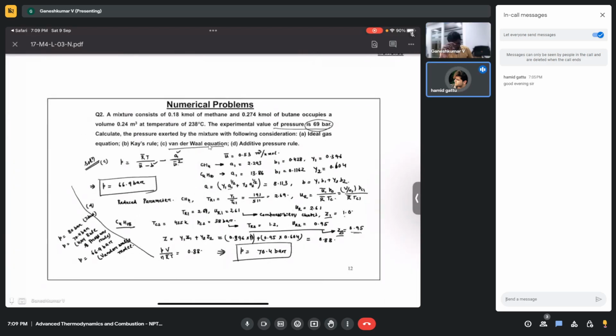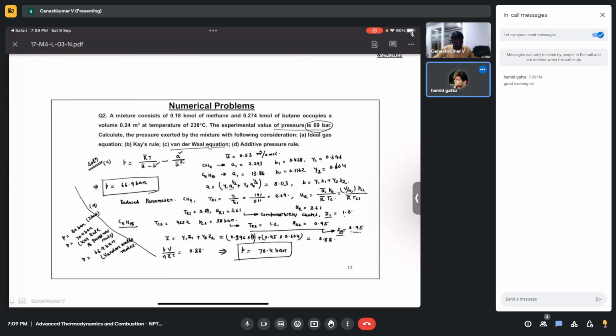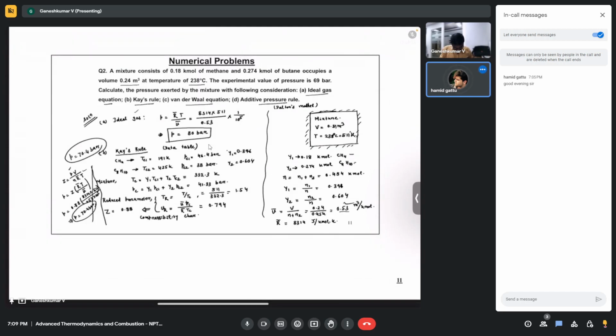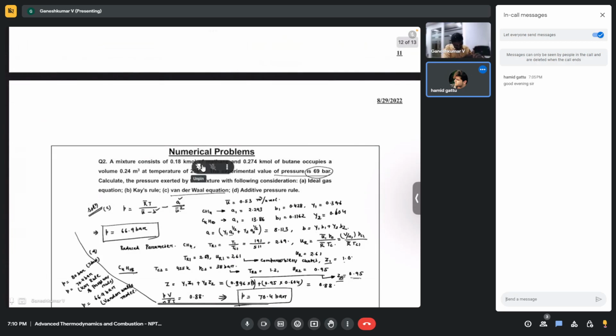Yes, sir. I was not getting it because the total volume we can take. With Kay's rule, we do this reduced parameter for a mixture, and in the additive pressure rule, we need to use the reduced parameter for each and every individual constituent, right?